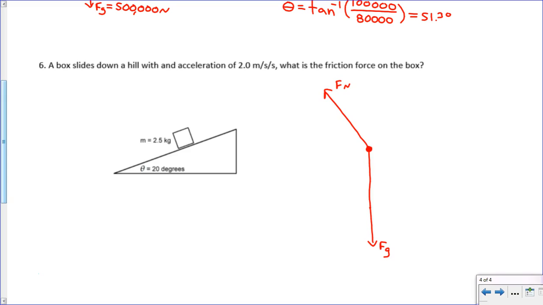All right, then next, the object is sliding down, but I say that there's a friction force on the box. I kind of give you that as a hint by the question, and so we know that that friction force is going to be going this direction, up the hill, because if the box is sliding down the hill, the friction force goes up the hill.